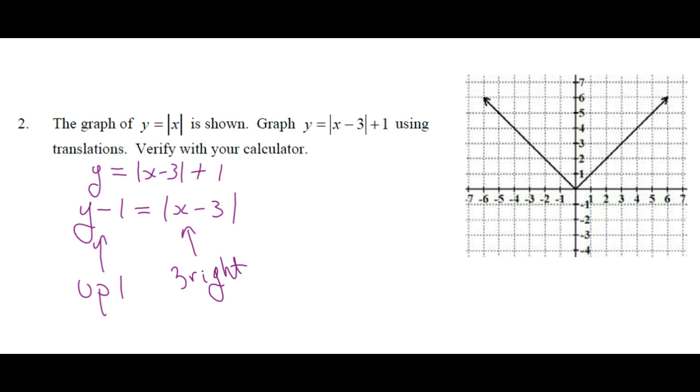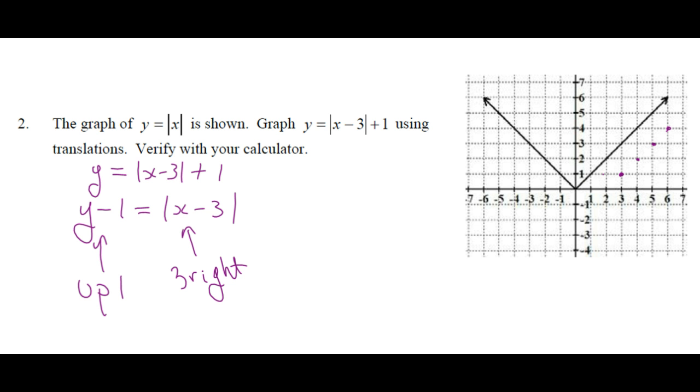So if I want to graph that, I simply need to take every point on here and move it up 1 and right 3. Now, what points do we need? Well, you obviously start at the vertex, right? That's the most identifiable point. So the vertex is now there. Got this point here, so it goes up 1, 1, 2, 3. We can start to see what's happening here, right?